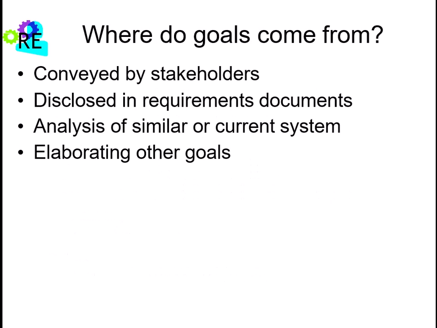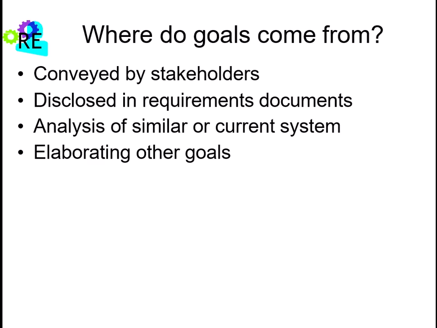Where do goals come from? These normally come from the stakeholders, anyone who uses the system, who affects the system, or who can be affected by the system. Disclosed in requirements documents, yes, because there are some stakeholders who know what their hard as well as soft goals are.